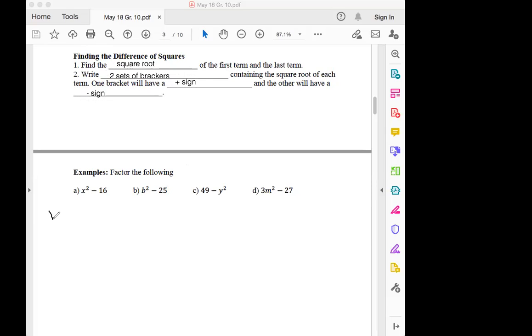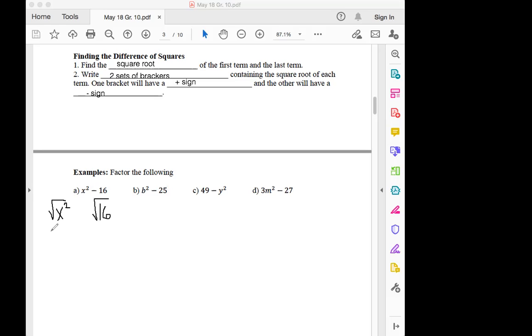So we're going to do the square root of x squared, and we're going to do the square root of 16. First, I shouldn't have skipped that, but you can tell there are two terms, there is a subtraction in the middle, and we can square root both of them. So this is a difference of squares.